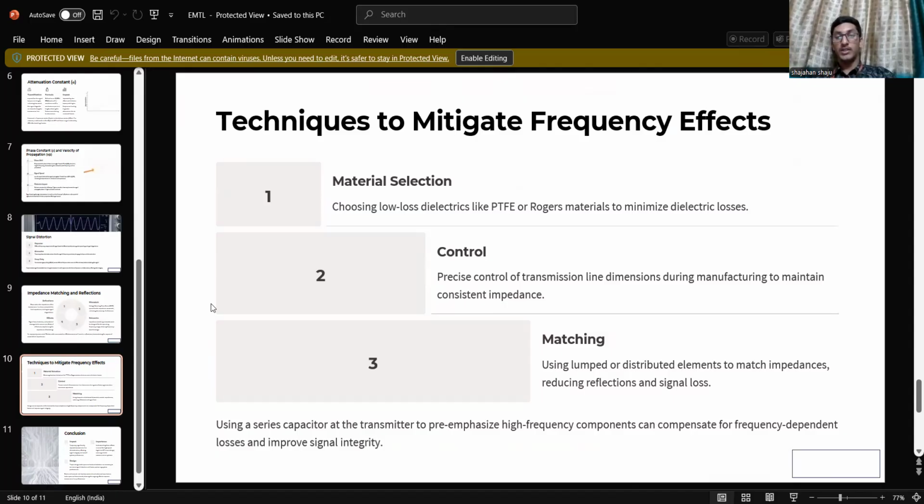Matching using lumped elements to match impedance, reducing reflections and signal losses. Using a series capacitor at the transmitter for pre-emphasizing high-frequency components can compensate for frequency-dependent attenuation.